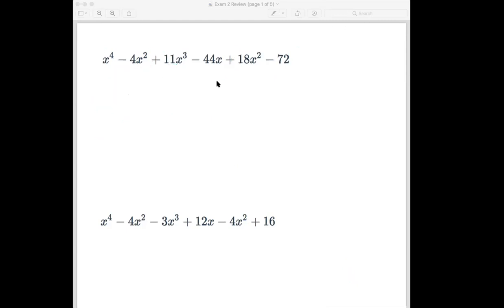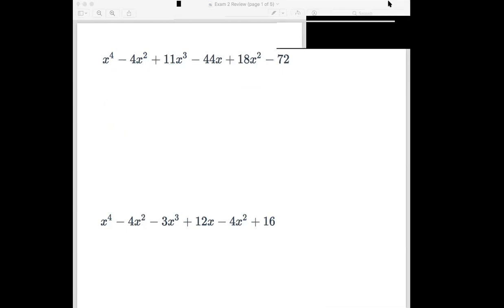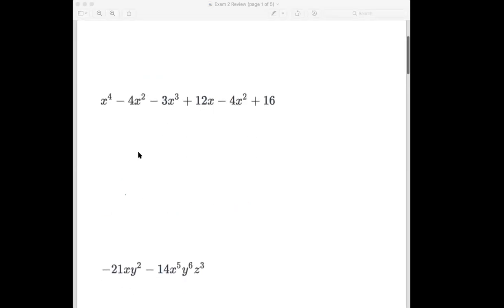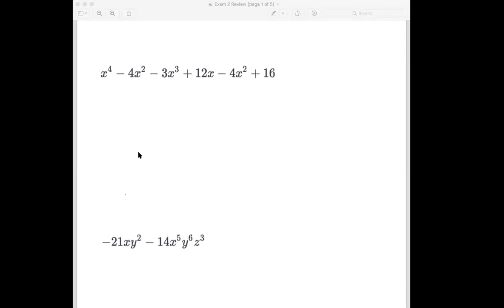Okay, moving on to the next one. If you have questions, just put them in the chat. Here we have another 6 terms, so we're going to use factoring by grouping. We break this up into 3 groups of 2.